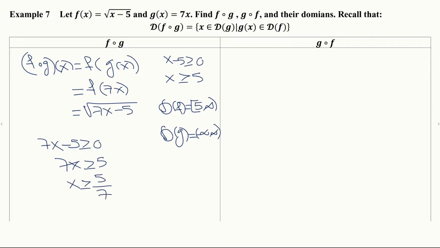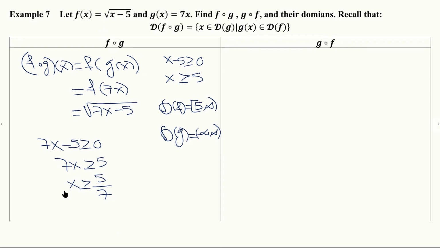All right, now, as long as this group is in the domain of g, which it is, right? And as long as applying the function g to it, which is multiplying whatever input by 7, keeps it in the domain of f, we should be good to go, right?